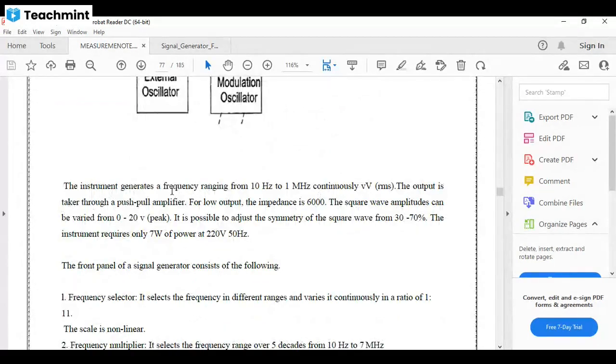This instrument generates a frequency range of 1 megahertz.